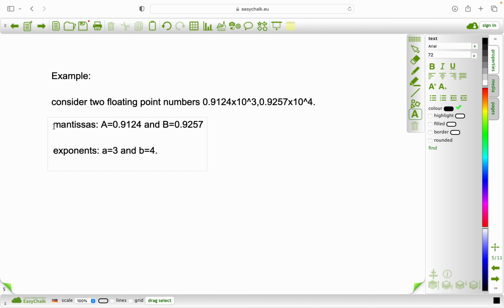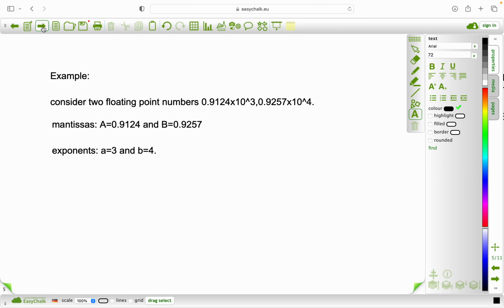Now, the mantissas are the decimal part of the given number: 0.9124, and for the second number it's 0.9257. Now, what are the exponents? A is equal to 3 and B is equal to 4. Exponents are the ones for the 10 power. That is called the exponent.